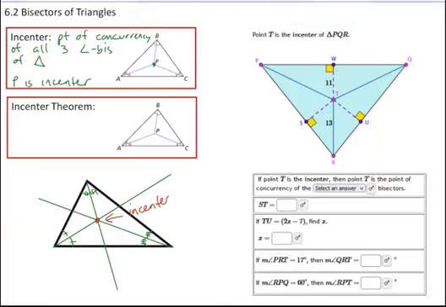Okay, now the circumcenter is the center of a circle that passes through all the vertices of a triangle. The incenter is going to be the center of a circle that's inscribed within the triangle.